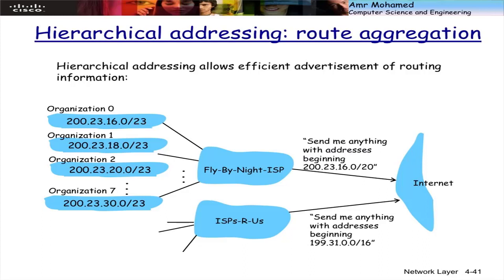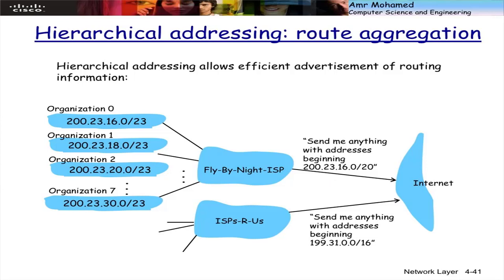We perform in the routing table what we call route aggregation, or sometimes route summarization. Many of the routing protocols have this route aggregation, where they try to save space inside the routing table by consolidating multiple subnets into one big network in the routing table.